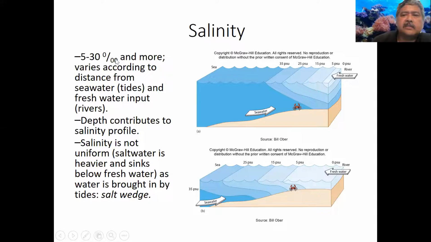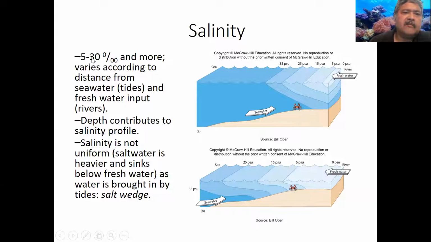A practical salinity unit is equal to, if this is a percent, a hundredth, well, this is a thousandth right there. So it's 1 part in 1,000. It can also be expressed in grams per kilogram.